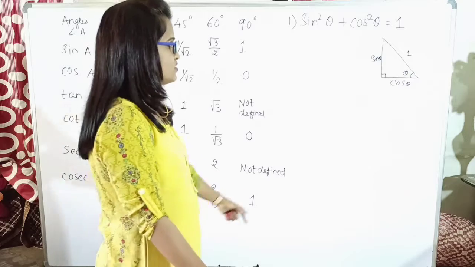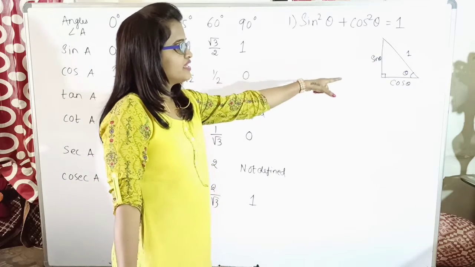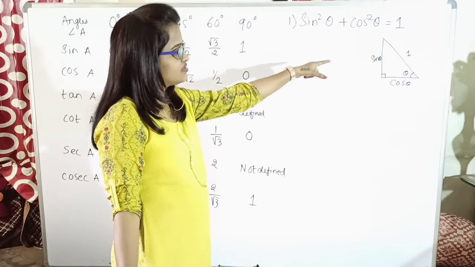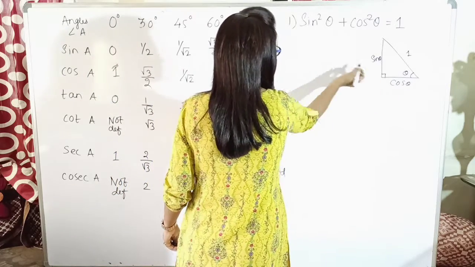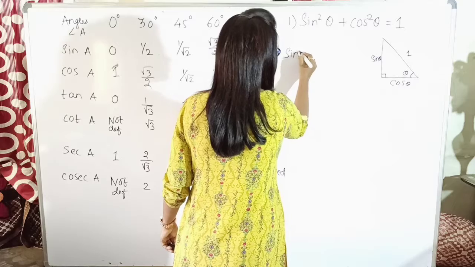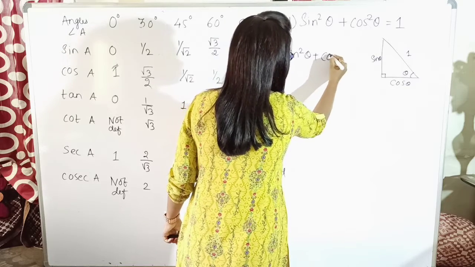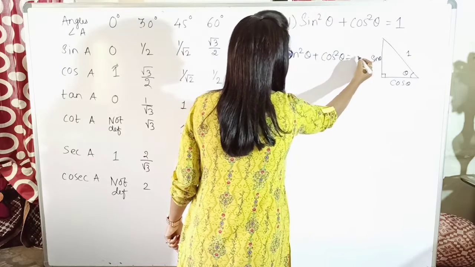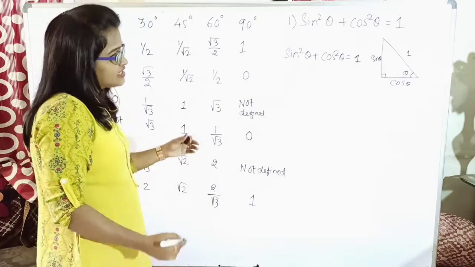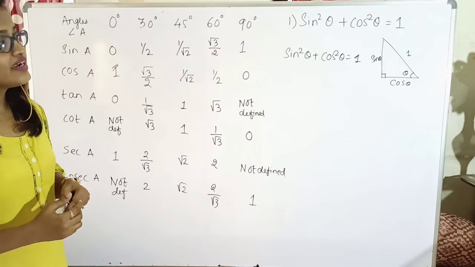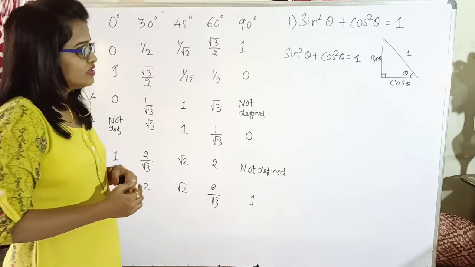So according to Pythagoras theorem, the addition of the square of base plus the square of height will give me the square of hypotenuse. So what is the height? It is sine square theta. What is the base? It is cos square theta. And what is the hypotenuse? 1, which is nothing but the square of 1, that is 1. Okay, so it is applicable when we are taking the right angle triangle with hypotenuse equal to 1 unit.